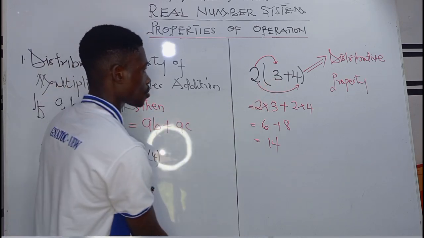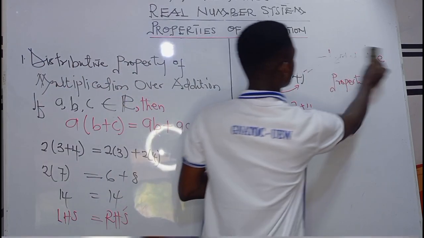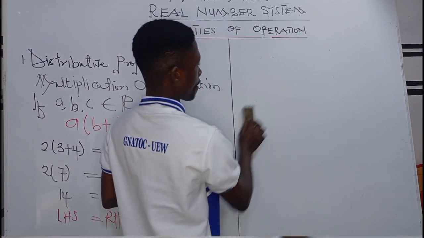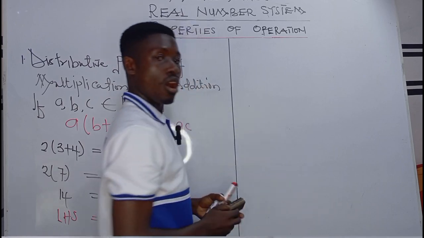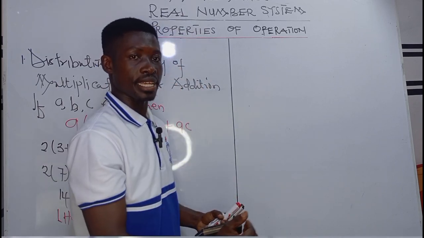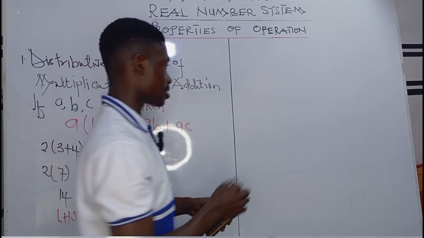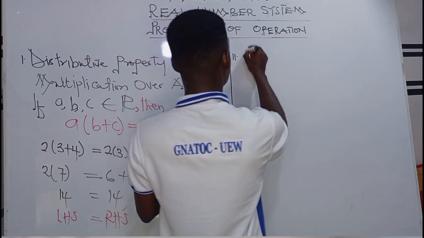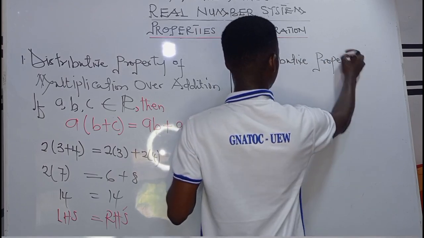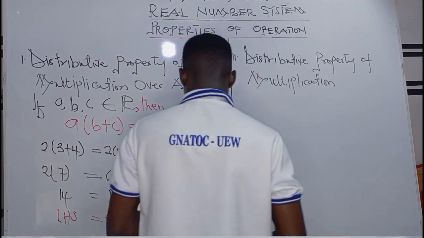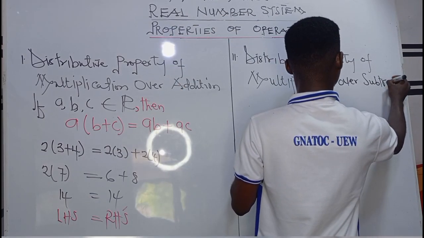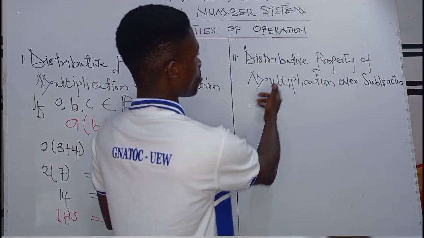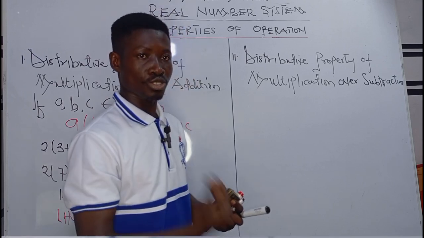Now the next one is called the distributive property of multiplication over subtraction. The distributive property of multiplication over subtraction.